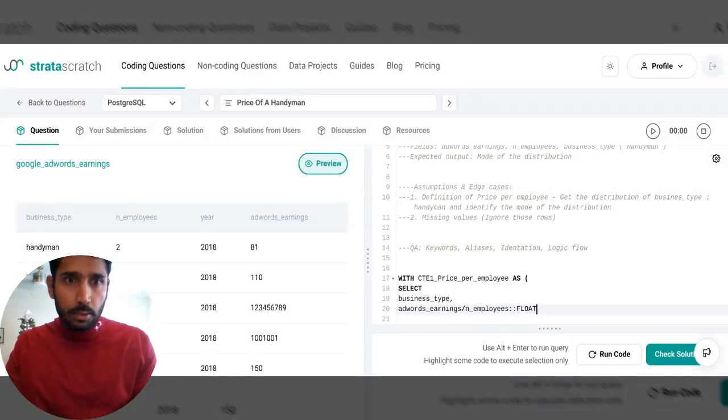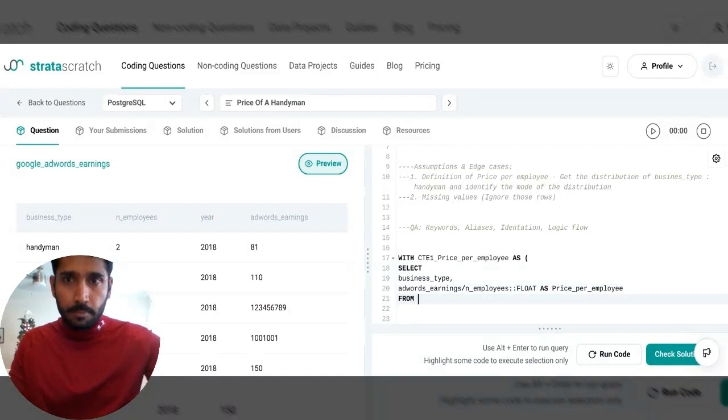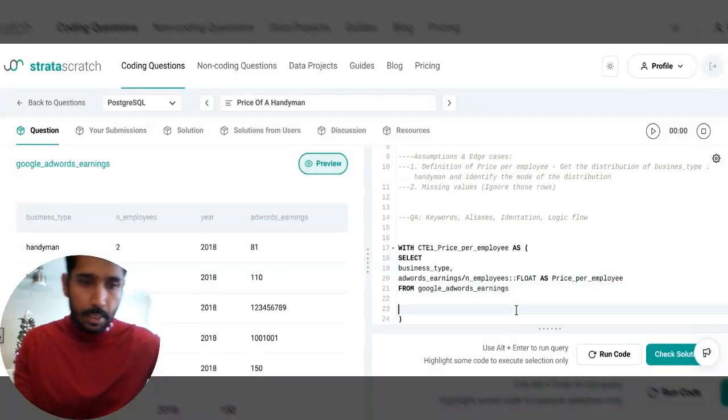I do want to get the decimal value if there is one. This is the price per employee from, let's copy this table here. Pretty much what I need, I think.